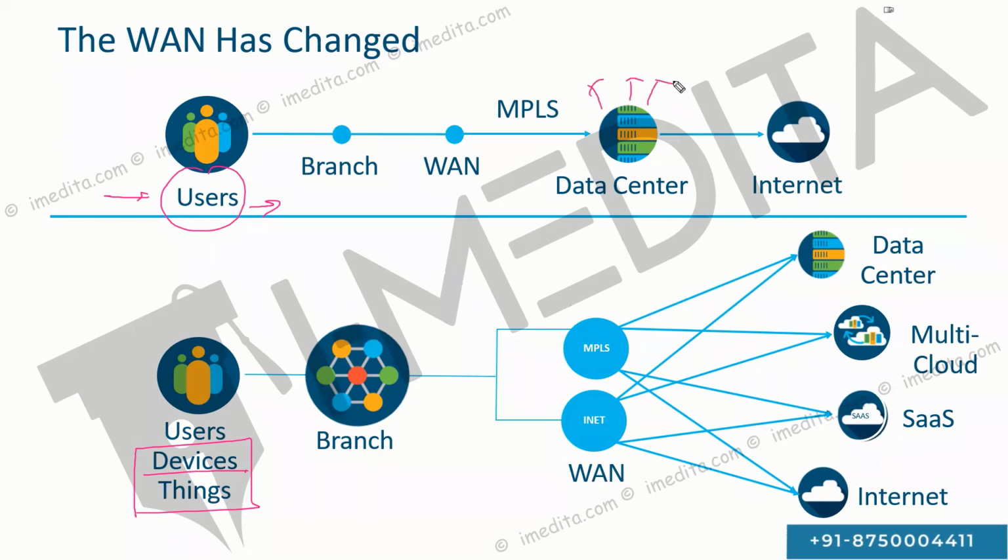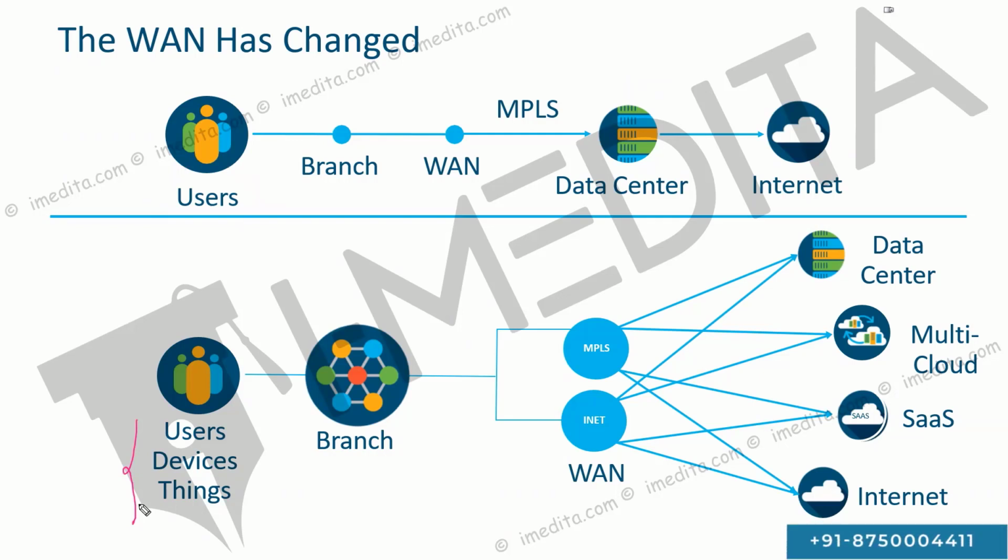Some IoT devices that you have at your home, maybe the smart home devices. So earlier, humans were the only users of the network, but nowadays we have humans, devices, and things. We have different types of users of your network.